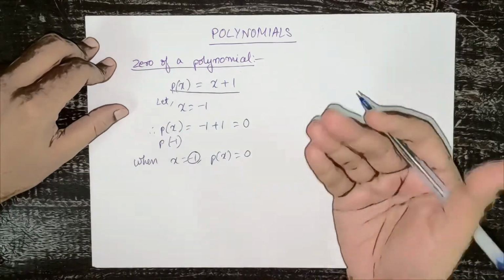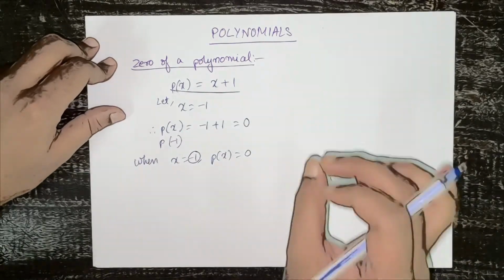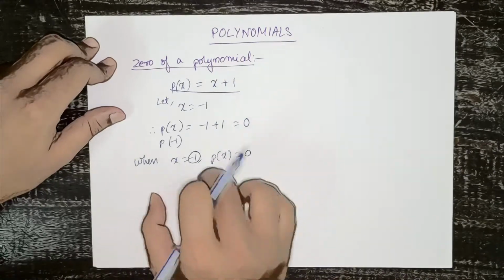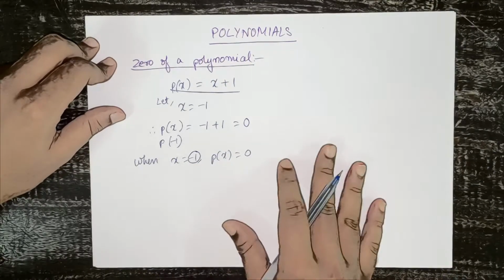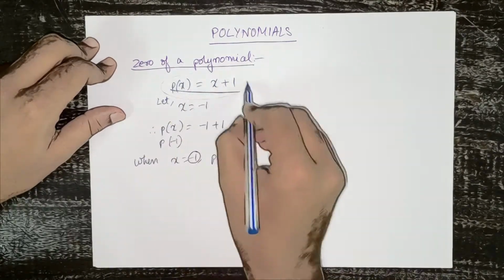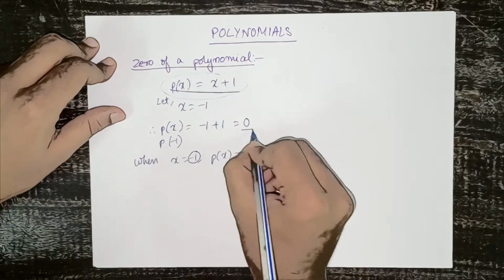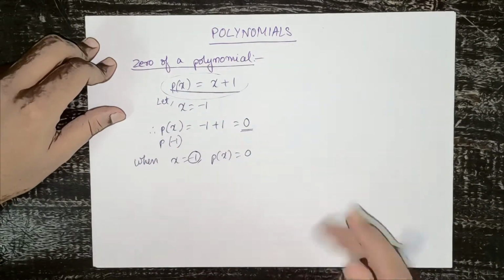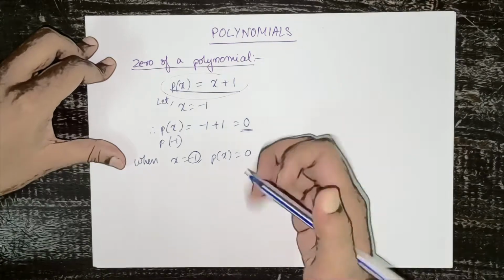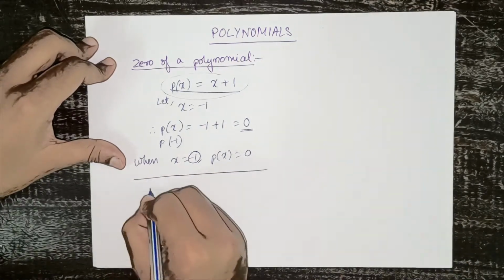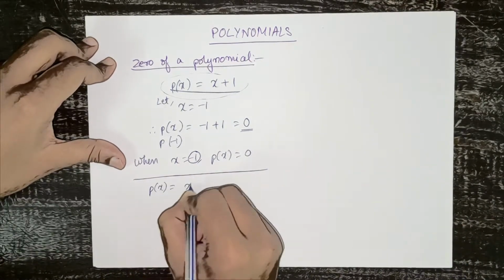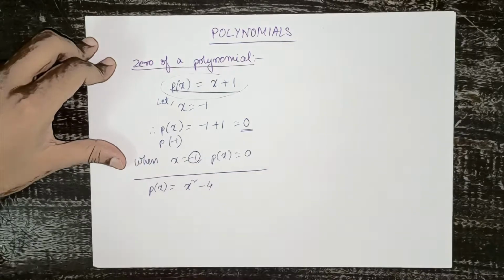So what do we understand by zero now? The value of the variable for which the value of the polynomial becomes 0 is called the zero of the polynomial. Now let us take another example. Suppose we have p of x is equal to x square minus 4.